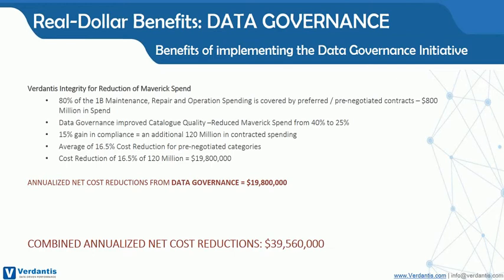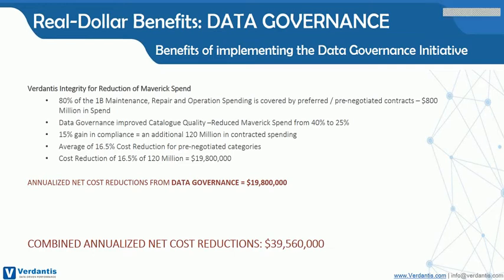And due to the increased quality of the item master, user adoption of their item master and procurement catalog model allowed them to reduce their maverick spend from 40% to 25%. That was a 15% gain, which meant an additional $120 million in on-contract spending that was previously off-contract maverick.